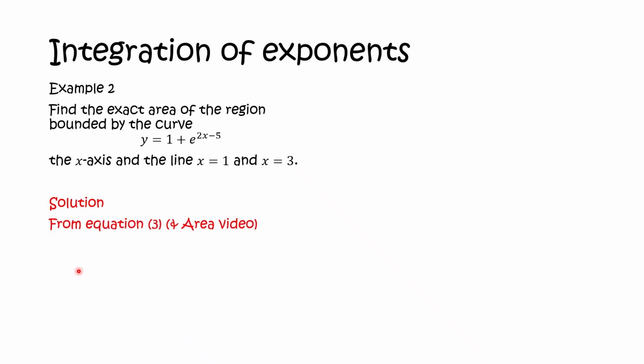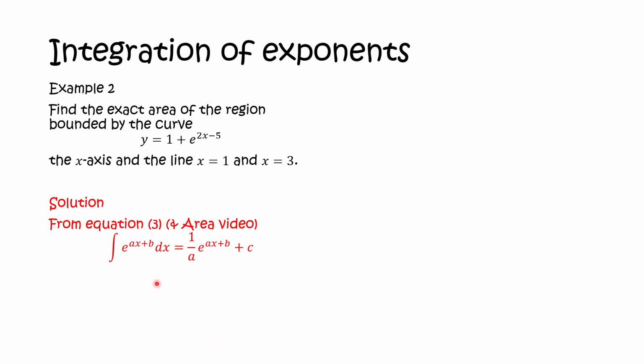And also we would know from equation 3 that for us to find the integral, which is in this case the area, and I encourage you to check out the area videos where we covered area and volume. This would help you indeed. Right, so moving on with our solution.